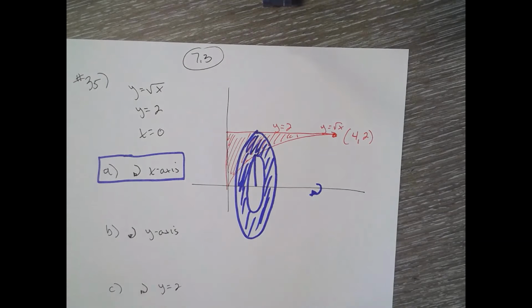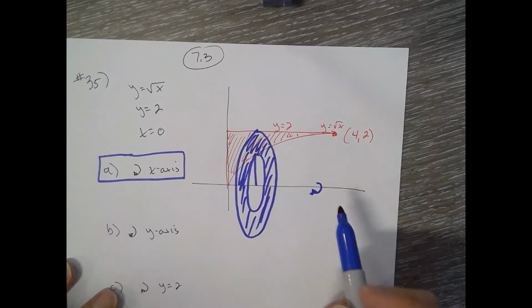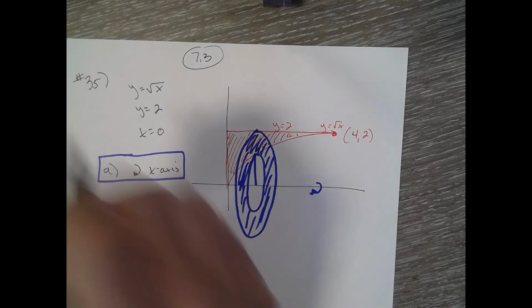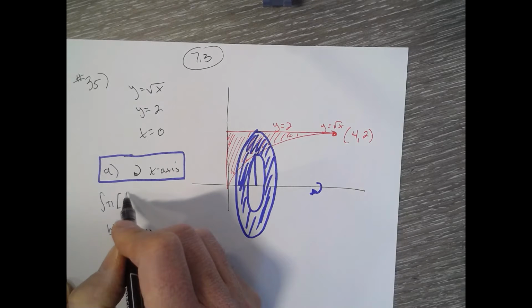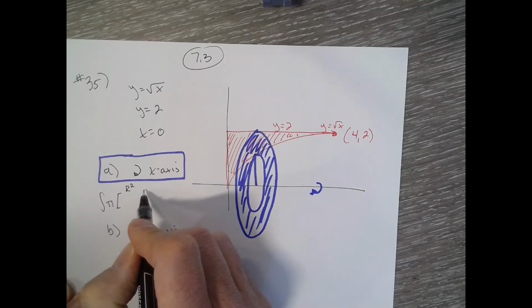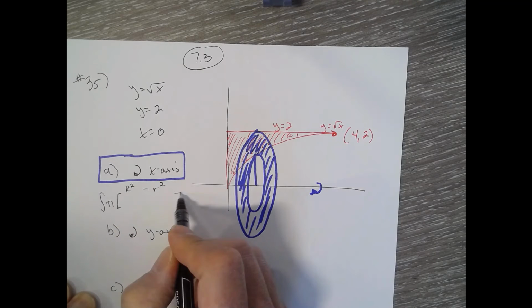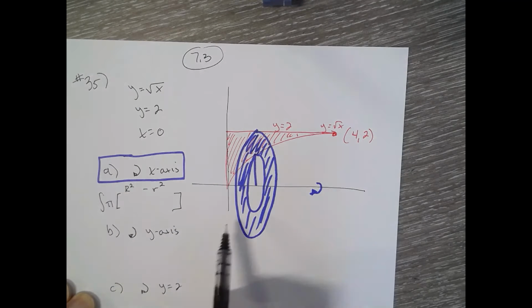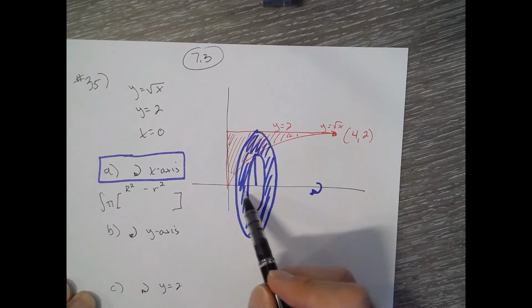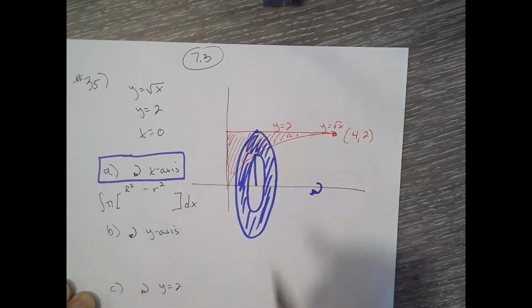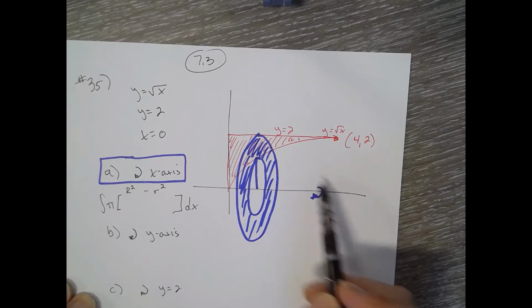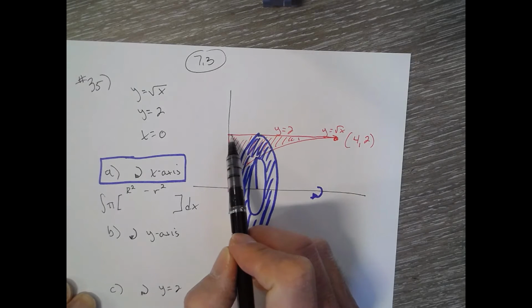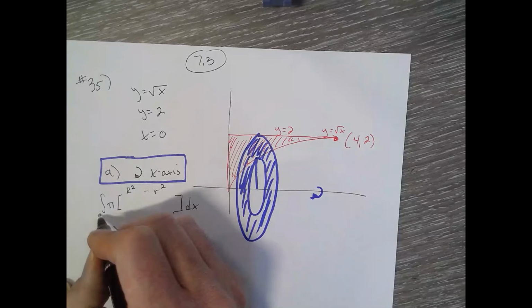Now washer is always the integral of pi (big R squared minus little r squared), and it would be a horizontal, so it's a dx. And since it's dx, we're going from here to here, so from 0 to 4.